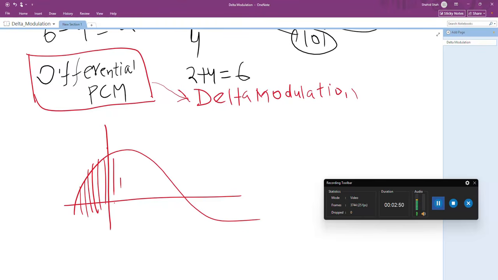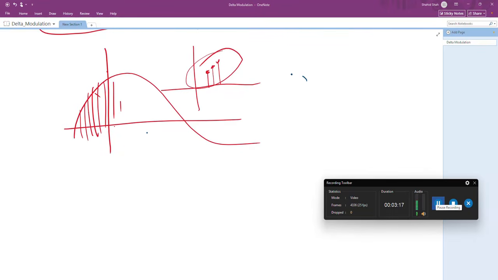So the consecutive 2 levels will have some correlation. They will not be independent. If you are given one quantization level, you can easily predict what the next level can be. Given 2 levels, you can easily predict the next level. So these quantization levels, or the amplitudes of the sampled signal, are somehow correlated. It is this correlation which will be utilized in the concept of differential modulation.